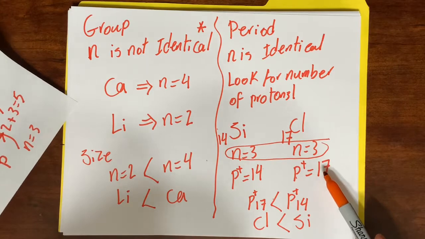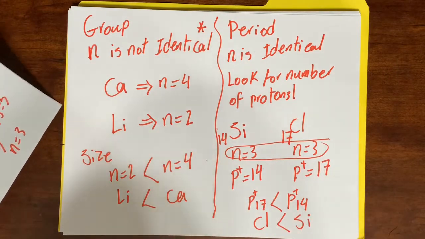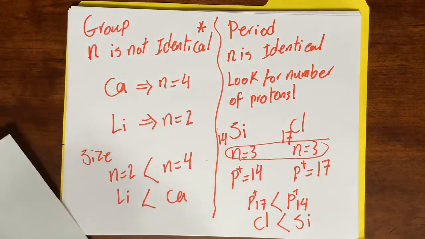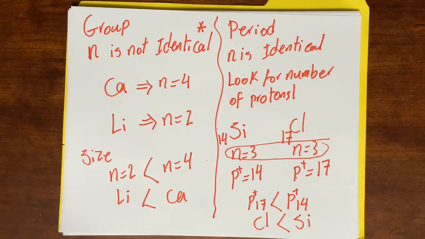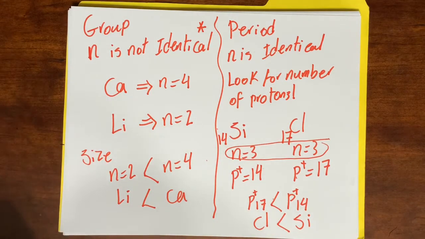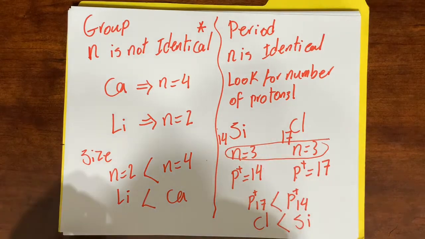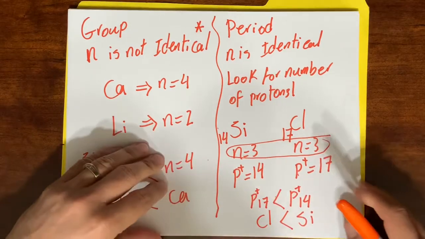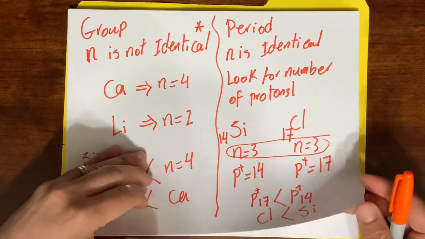So chlorine will apply higher force, and chlorine will be smaller than silicon. Okay. So till now, I was talking about neutral elements. What will happen if we switch to ions? But before I jump to ions, I'm going to show you a trend.